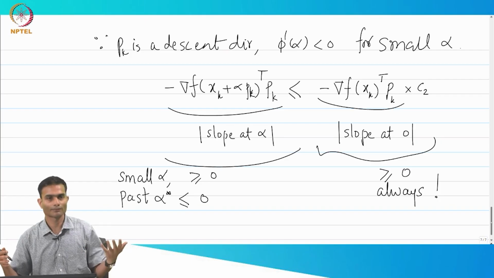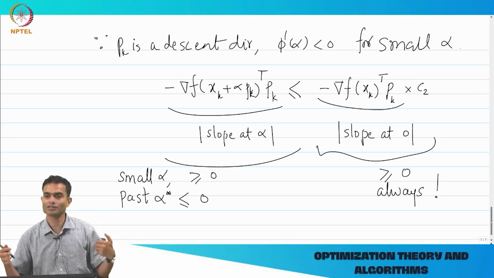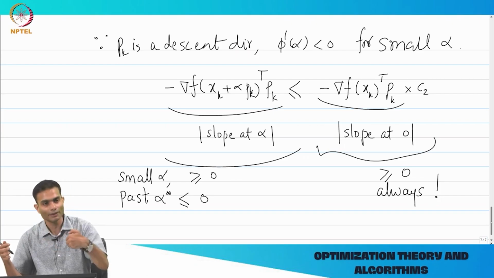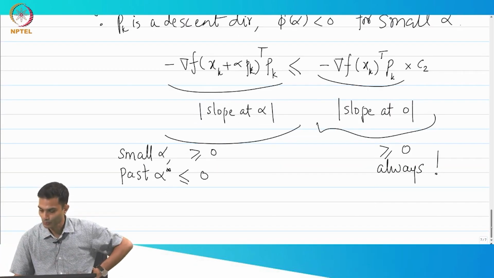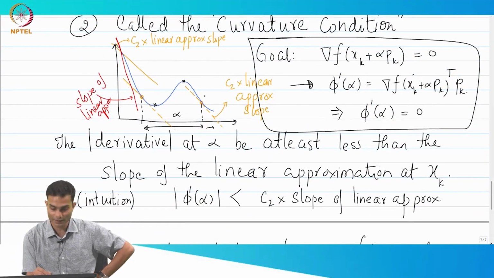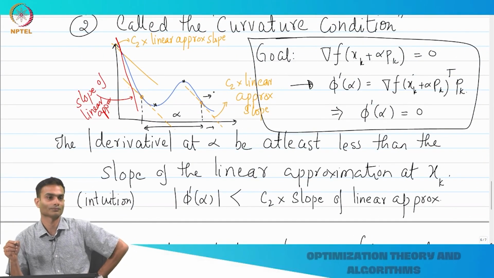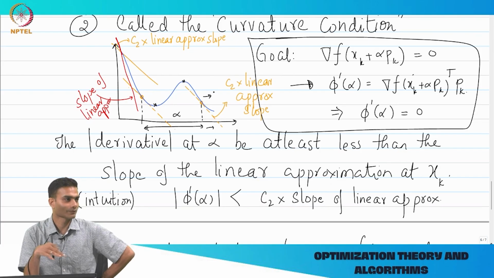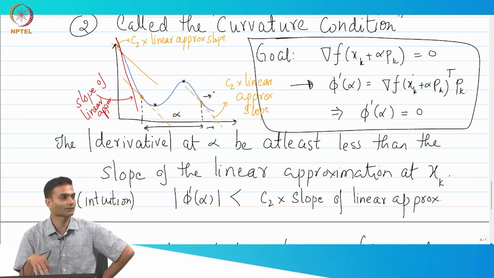Is that good or bad? It is bad because it is allowing me to overshoot. There is no arrestor mechanism to prevent it from really going across over there, which is why the only point at which it would get arrested is when it goes past this point. Once it goes past this point, then it is negative, and so the left hand side is positive, and then this inequality can get reversed, right.